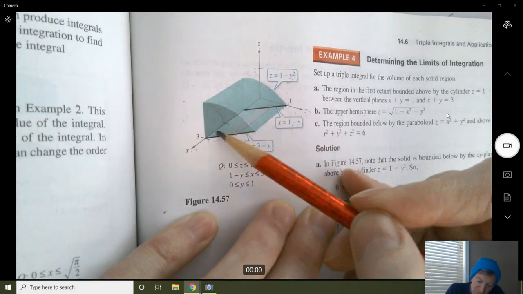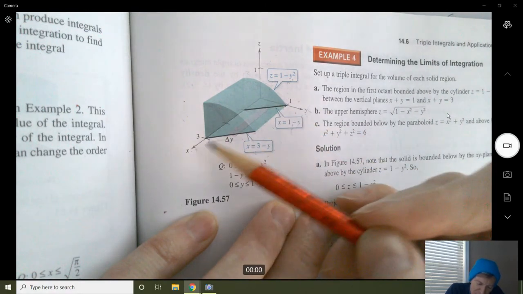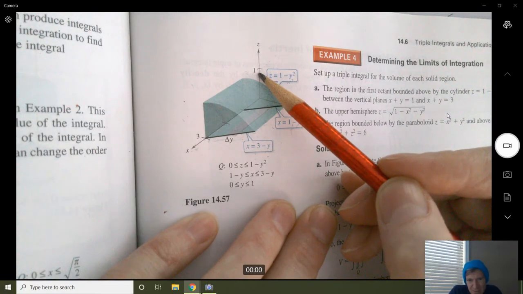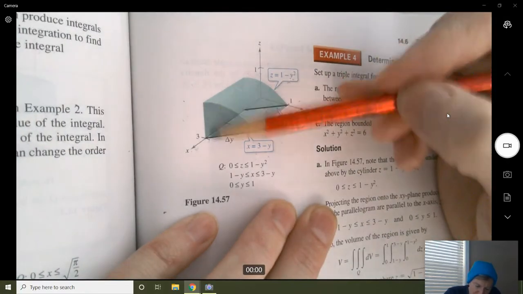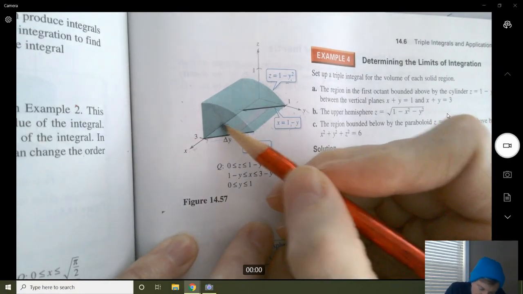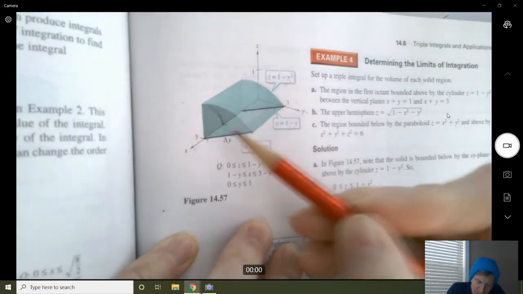If you do that one first, think about what happens. Then if you project this thing onto the xz plane, it's kind of messy, okay? Because this part would project down to, let's see, here.